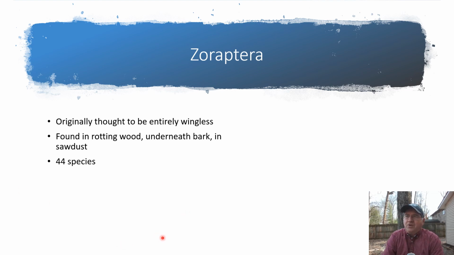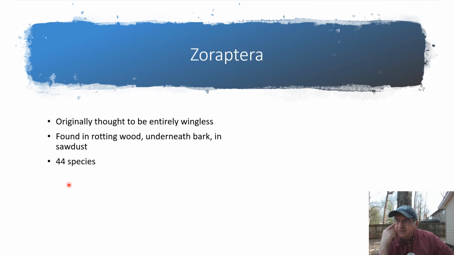The order Zoraptera, as you can see down at the bottom here, is a very small group of insects with only 44 known species, and they're so bizarre that there was a little bit of a cottage industry in trying to find Zoraptera and document their diversity at one point in time.